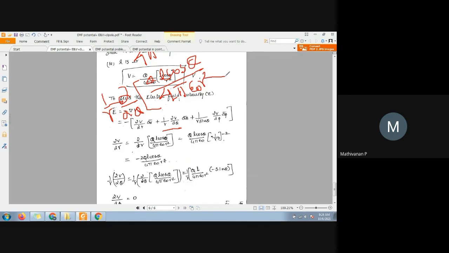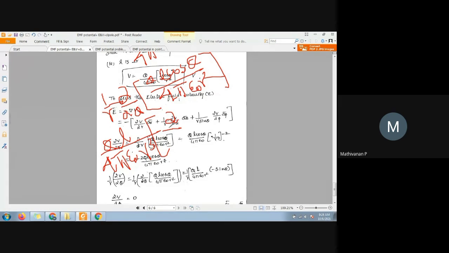So QL divided by 4 pi epsilon naught r square is the constant. Cos theta is the only differentiable term. All other terms have to be brought out. So QL divided by 4 pi epsilon naught r cube is the constant.